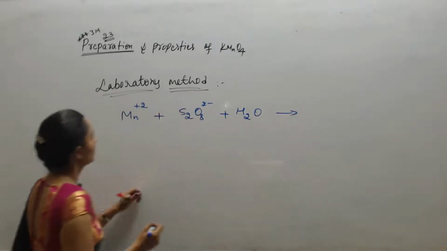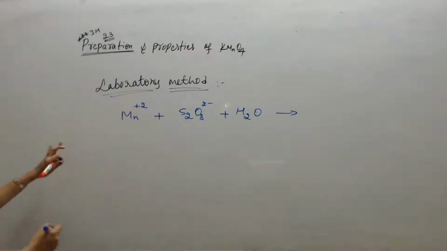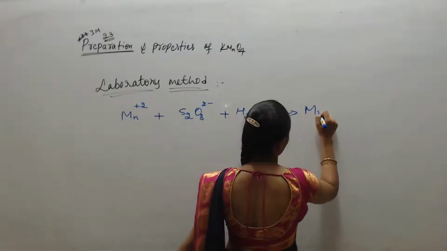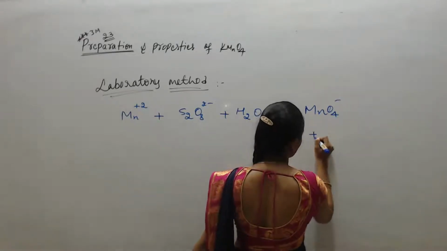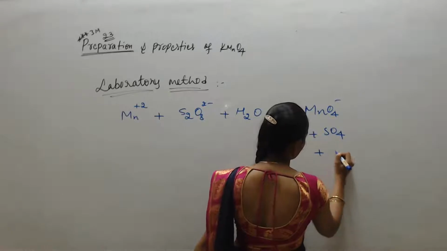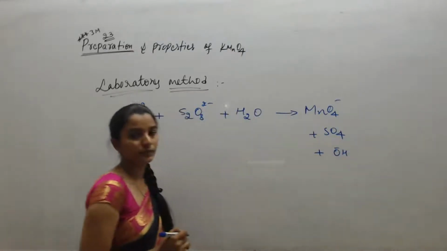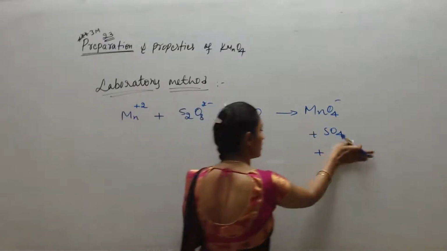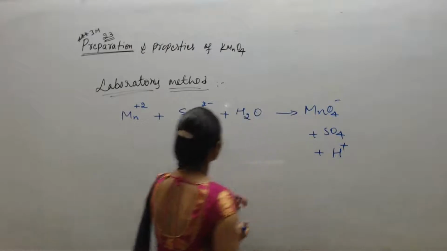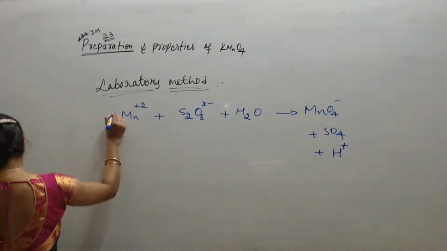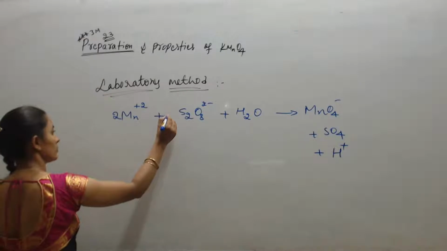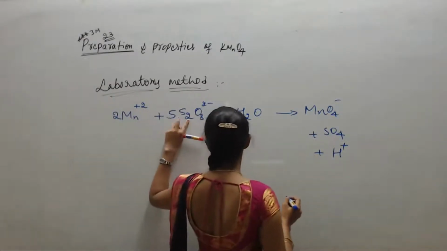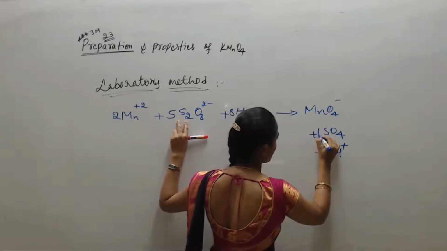It changes to MnO4 minus plus SO4 plus H plus. Okay, this is the reaction. This is not H minus, this one is H plus. If you want to balance the reaction, students, this is 2 moles, this one is 5 moles, this one is 8 moles. So 5 to 8 means 10 SO4.